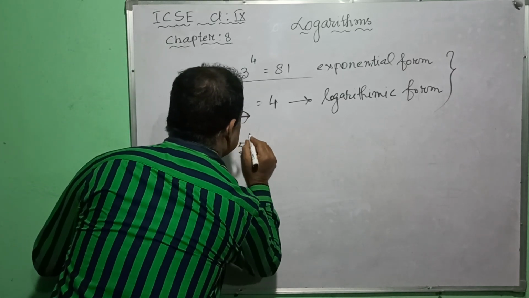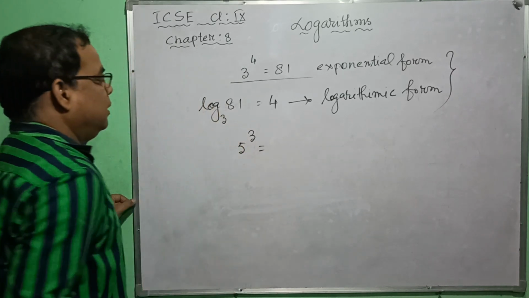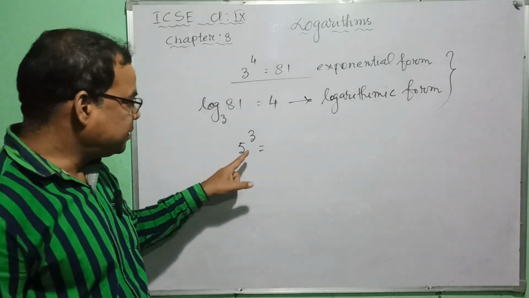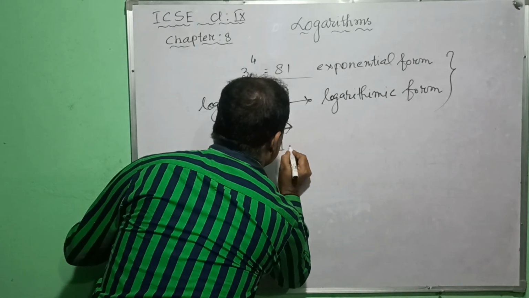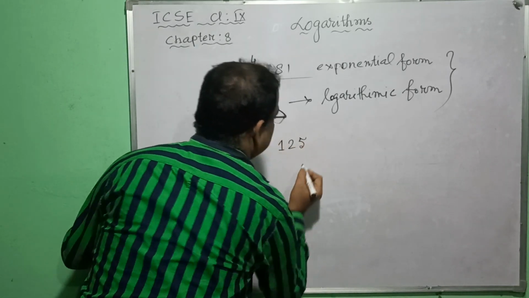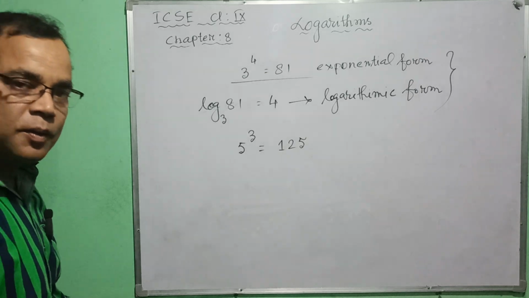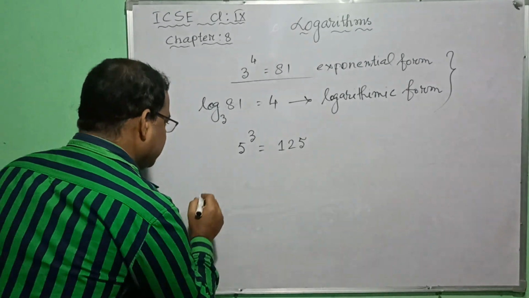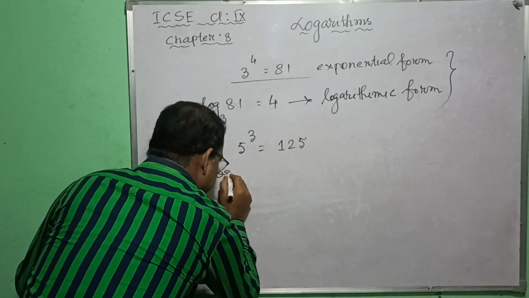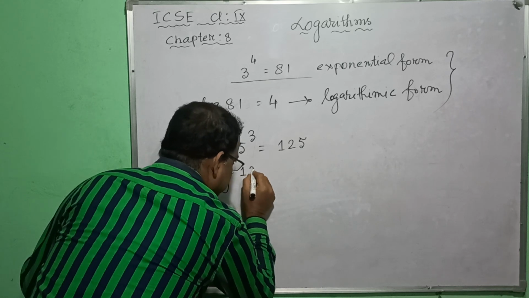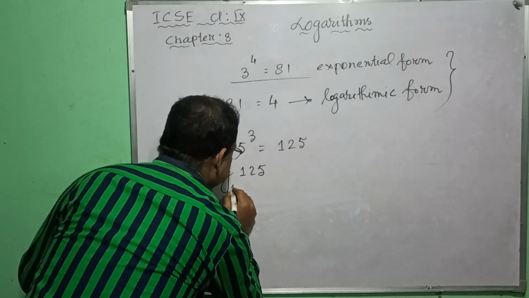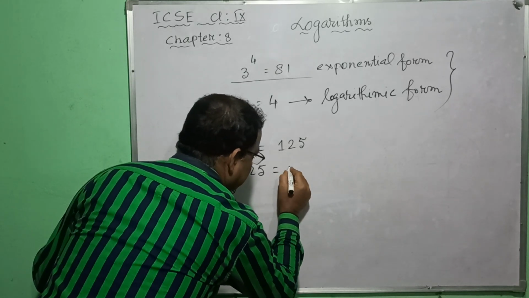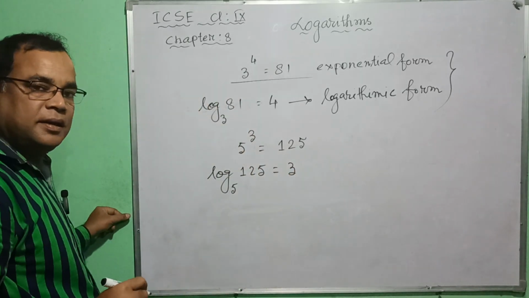Suppose 5 cube. In exponential form 5 cube equal to 5 into 5 into 5, 3 times. So it gives us 125. And if we want to write it in logarithmic form, so how we can write it? We can write log 125 at base 5 equal to 3. So in this way.